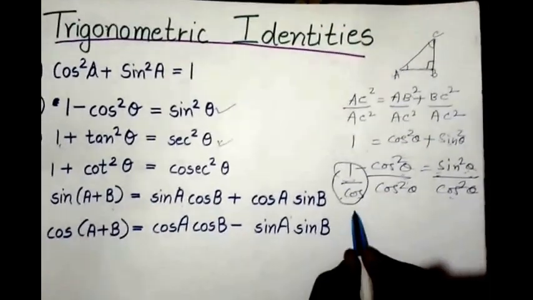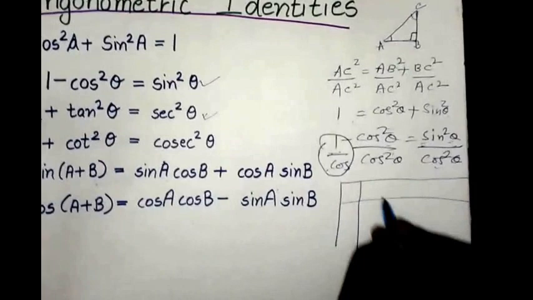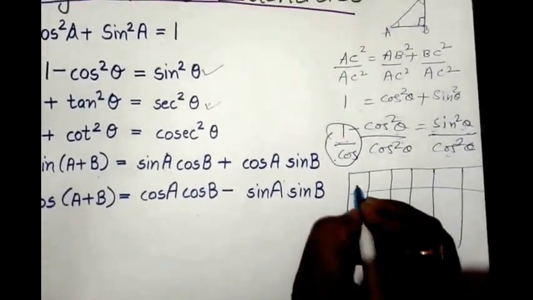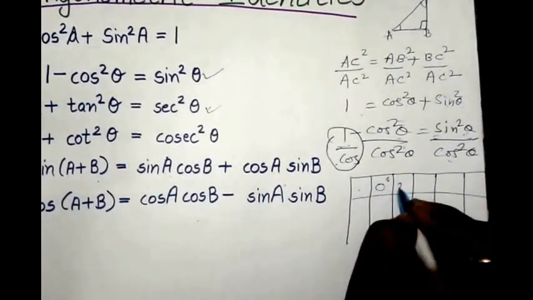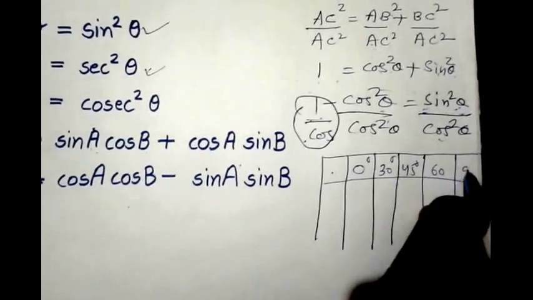Now remember the table which I have shown you in earlier classes, with 0 degree, 30 degree, 45 degree, 60 degree and 90 degree.